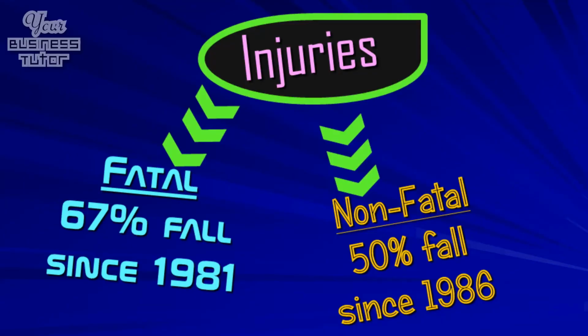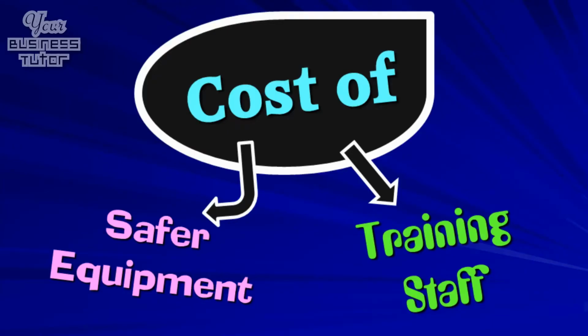Nevertheless, and this is a key point, since the inception of the Health and Safety at Work Act, fatal and non-fatal injuries in the workplace have dropped significantly. Of course, this is not just down to following a policy, but also because organisations are spending money on purchasing safer equipment, maintaining it and training employees to use it so that workplaces are safer.